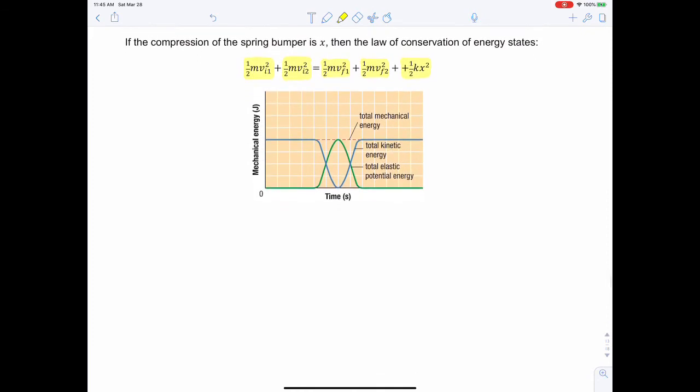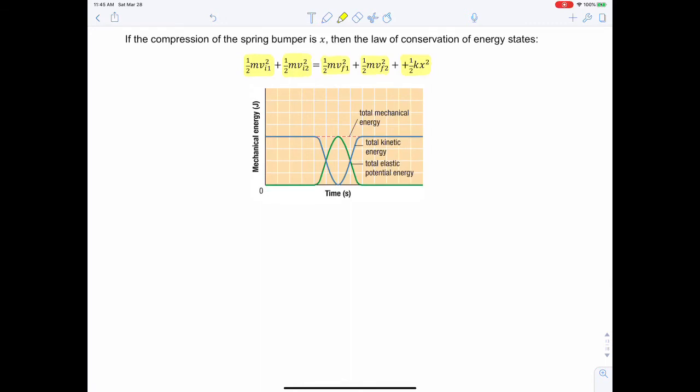of the spring bumper. If you take a look at this graph, the blue line denotes the total kinetic energy possessed by the gliders. And notice that it's only during the collision that there's an exchange between kinetic energy and elastic potential energy on the bumper.